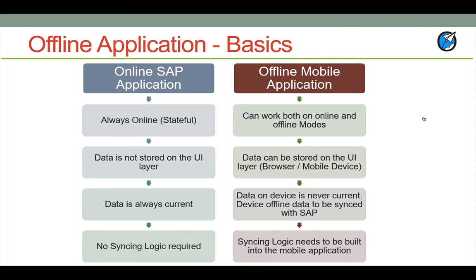When we say sync back, it's a two-way process. The data from the device needs to be updated in SAP, and the latest data, either metadata or transaction data that you need for further processing on that mobile device, needs to be retrieved from SAP to the mobile device. So it's a two-way sync.